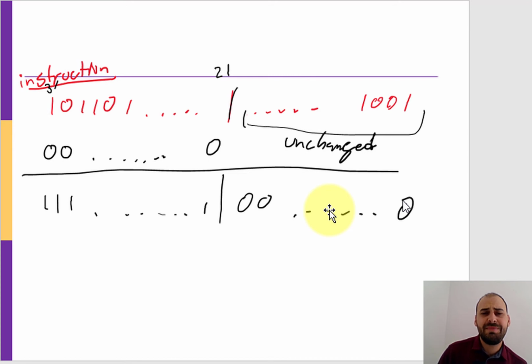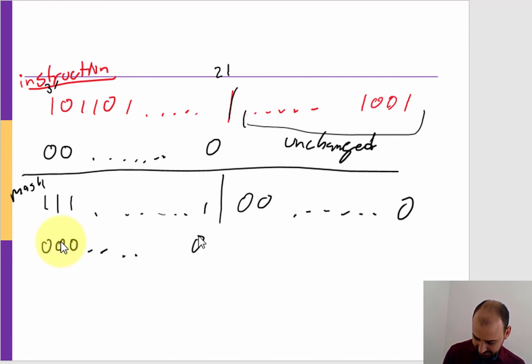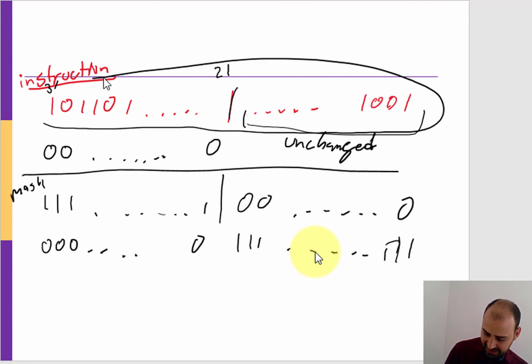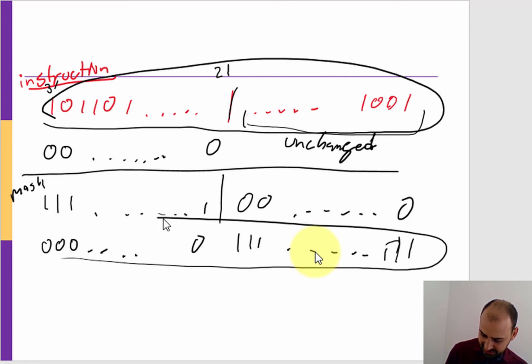It would actually make sense to flip this. This is the mask. It would make sense to flip the bits here. Because if we AND this with this, everything minus the opcode is going to be all 0, right?